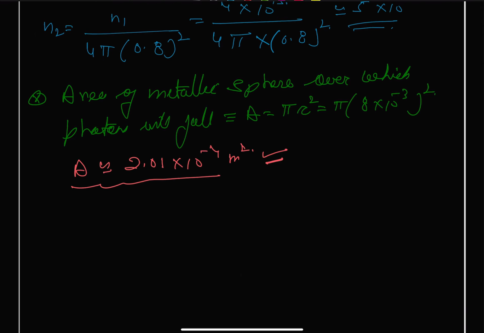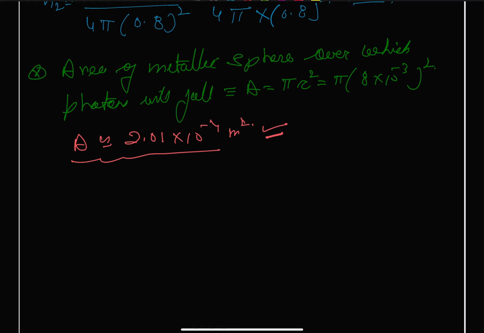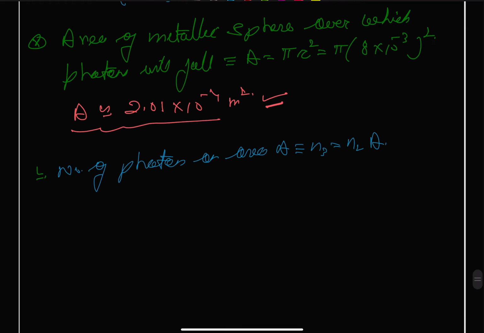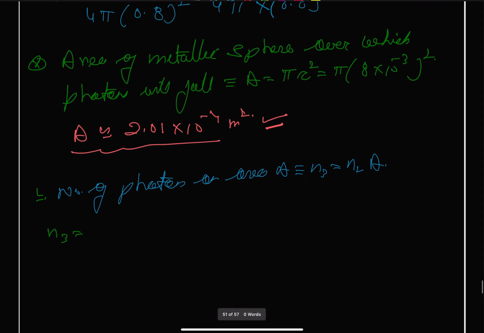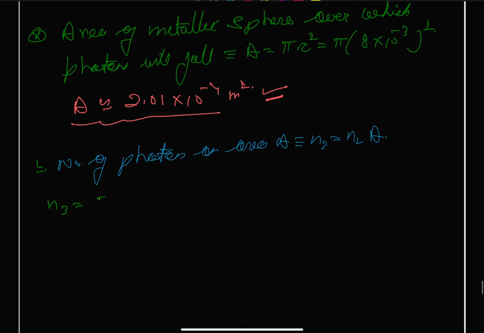So therefore, the number of photons falling on area A, let us suppose we have this N3, will be equal to N2 multiplied by A. So we get N3 equal to N2, which is 5 into 10 to the power 14, multiplied by 2.01 into 10 to the power minus 4.